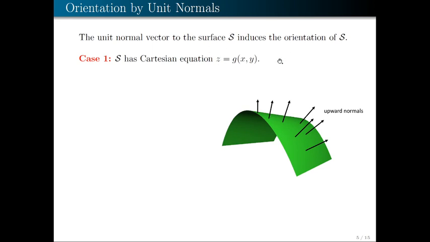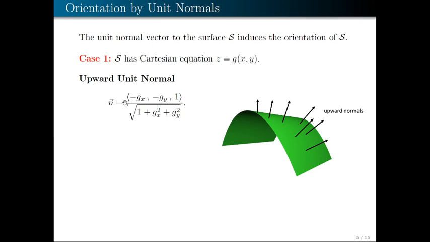That is, we just write this as z minus g of x, y equal to 0, and we treat the left hand side as a function of three variables, and we just get its gradient. So the normal vector would just be negative g sub x, negative g sub y, 1. And to make it a unit normal, we just divide it by its corresponding norm.